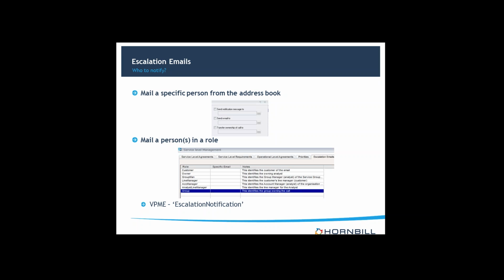You can see here we've got different roles that are defined, and that will be dynamic based on where the call is and who it's with. So we've got customer, owner, a group manager. That would be someone with the attribute against their analyst role, in the group that the call is with, who has a group manager privilege.